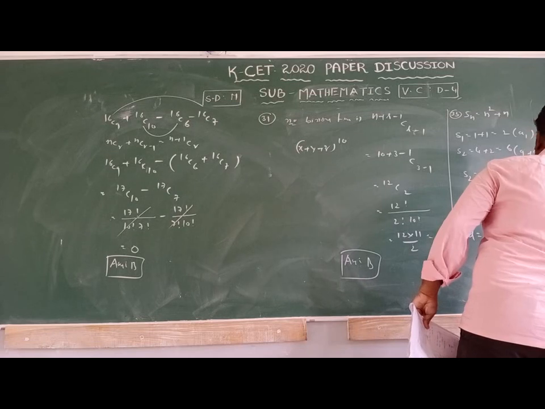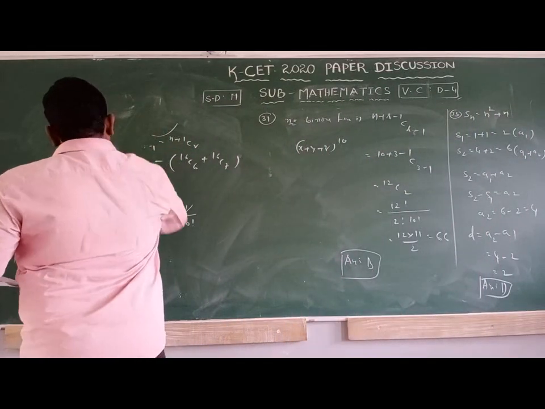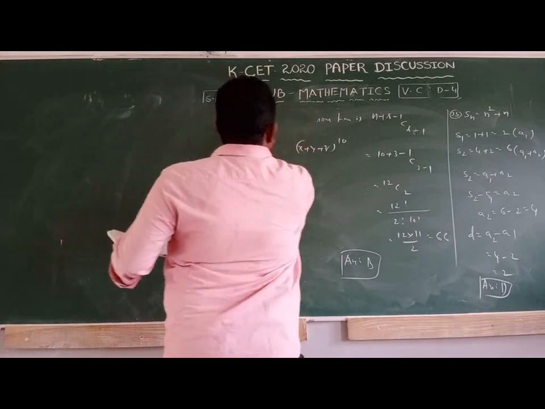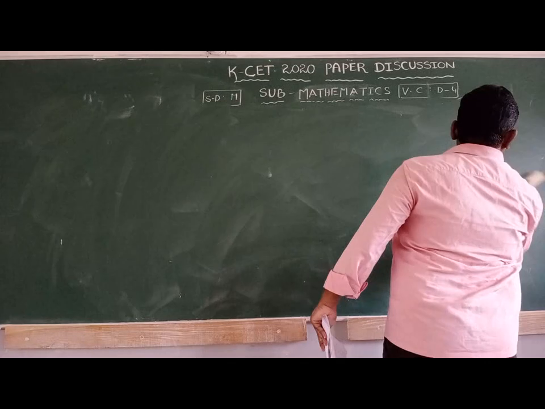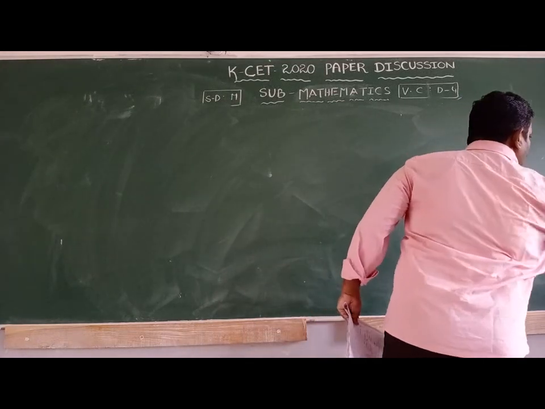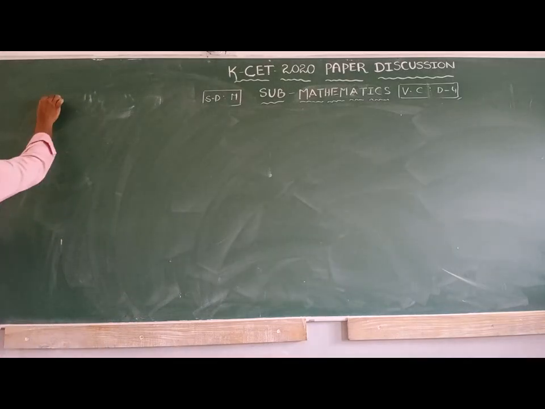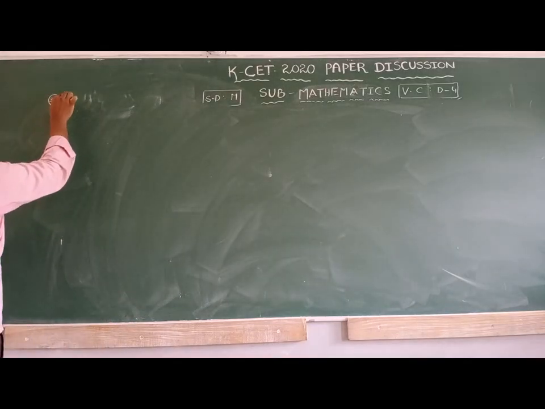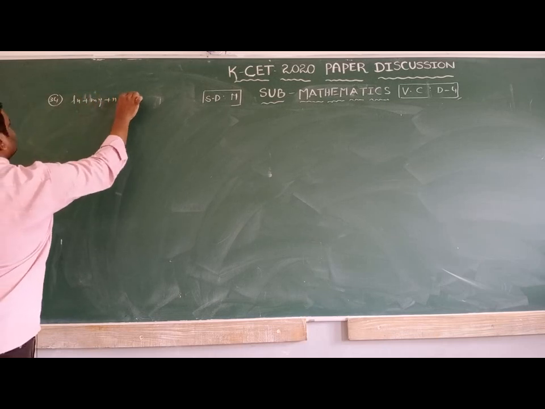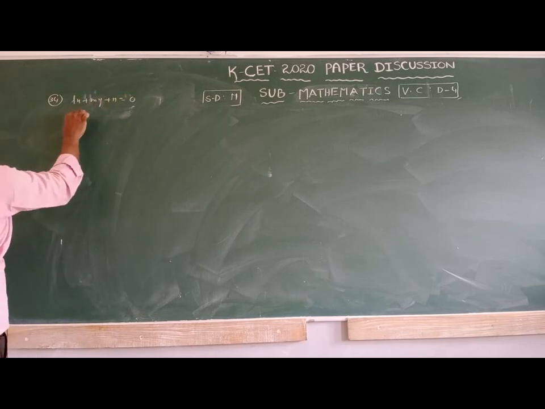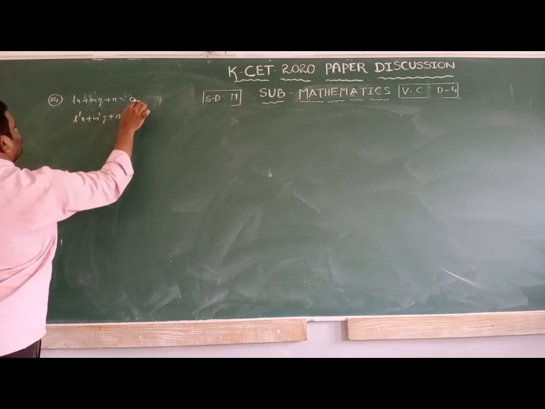Answer is D option. Next, question 34. Here two lines are given, and these two lines are perpendicular: Lx plus my plus n is equal to 0 and L dash x plus m dash y plus n dash is equal to 0.